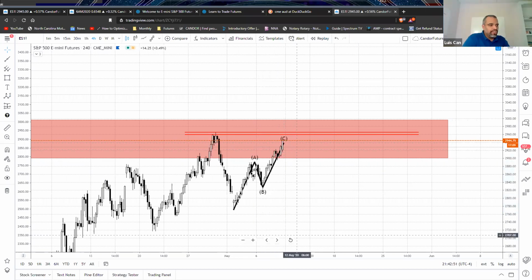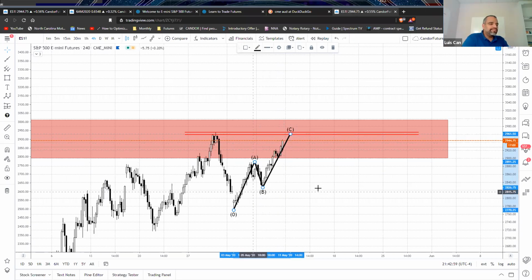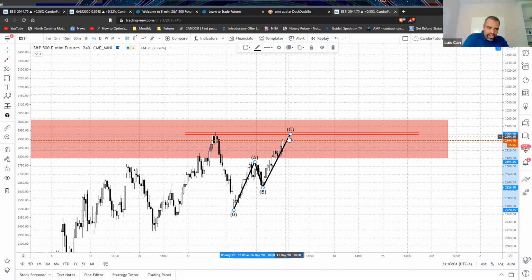So if you do the N wave, you know that if this thing stretches all the way here, it no longer looks like an N. Now this is too long, which is a confirmation for you to put your short order to sell the market at this level, because this is getting overextended.